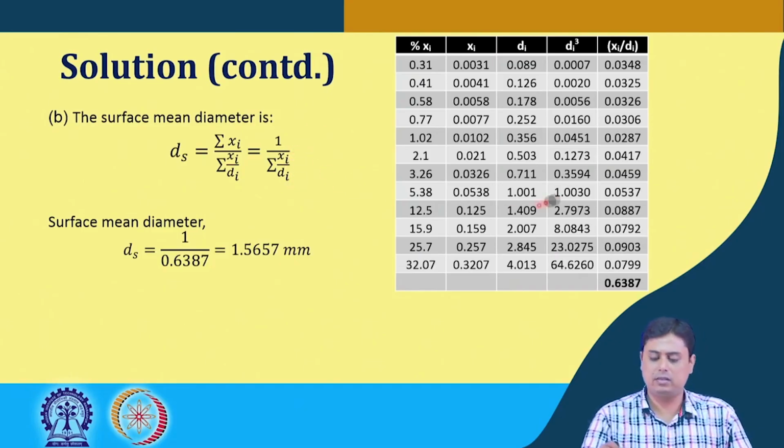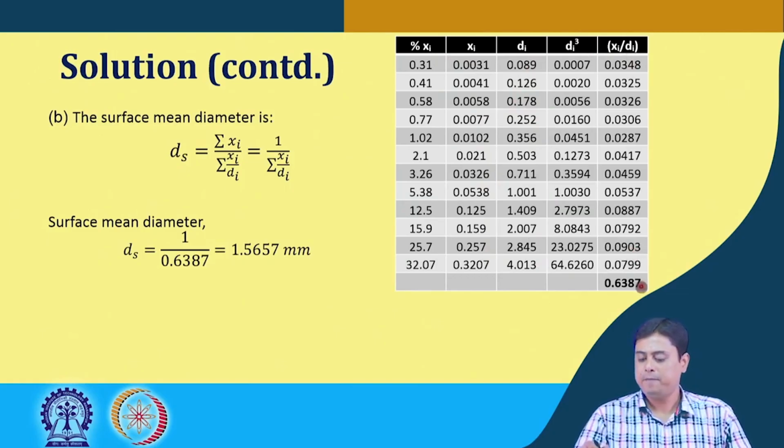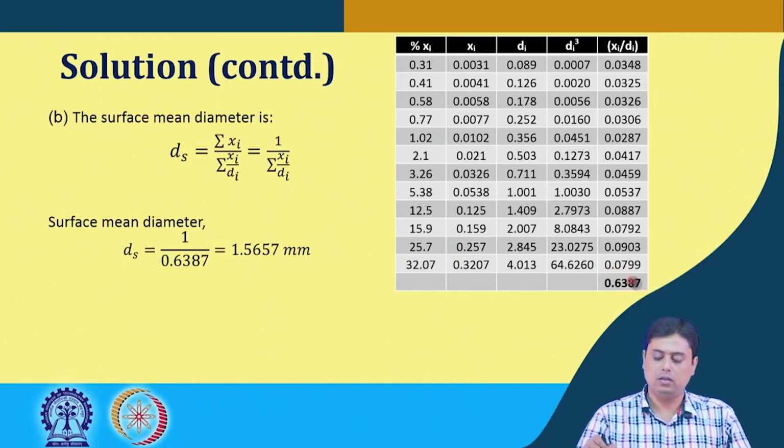Similar to the previous explanation, from the table, if you have x_i and d_i values you can always find x_i by d_i and the summation over the whole distribution. One by this value gives you the diameter, 1.5657 millimeter.